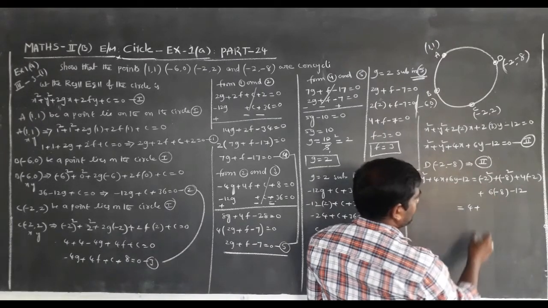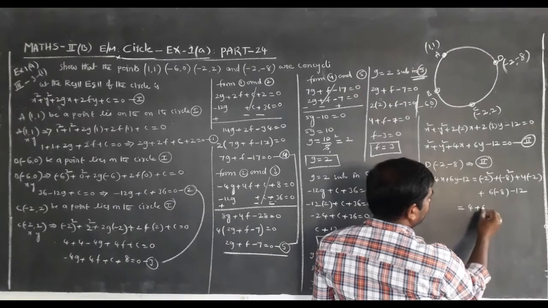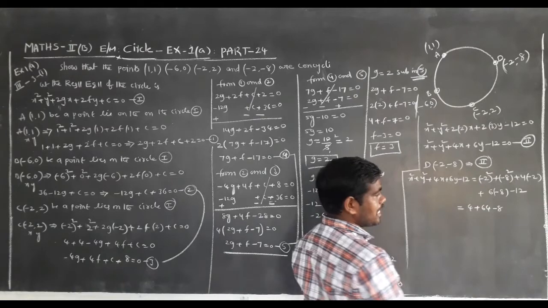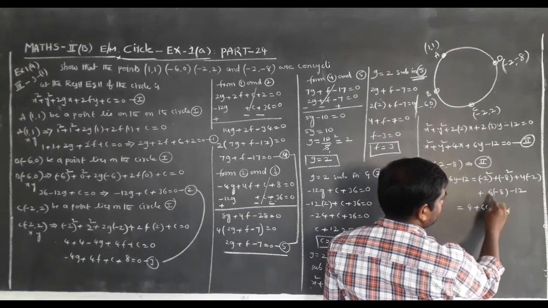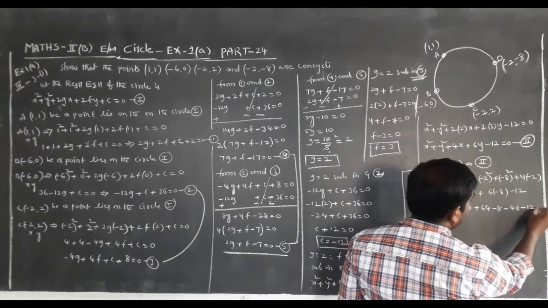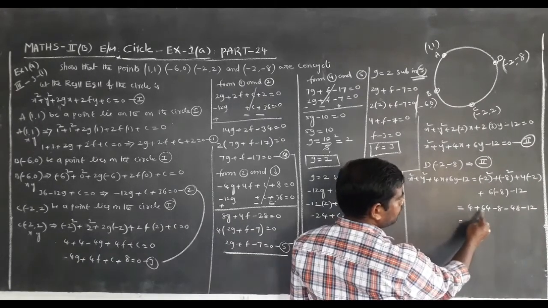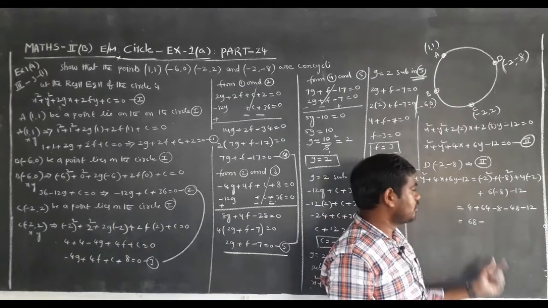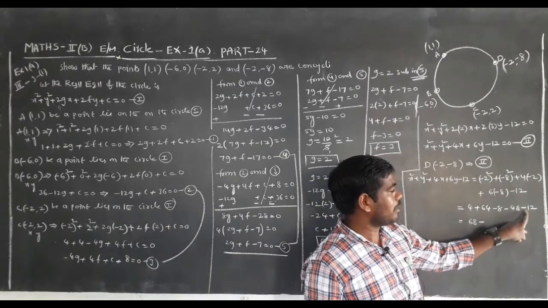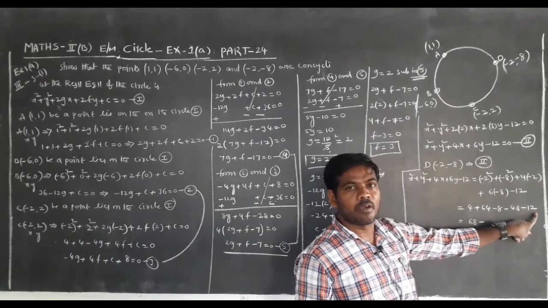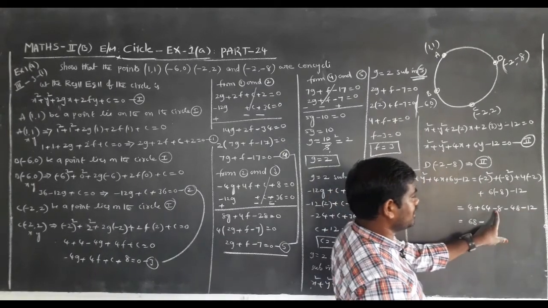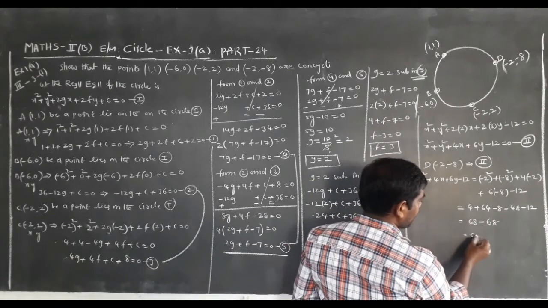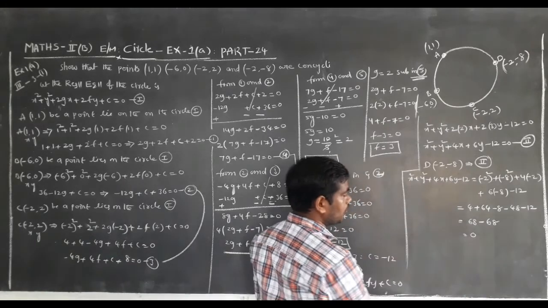Minus 2 whole square is 4, minus 8 whole square is 64, plus 4 into minus 2 is minus 8, plus 6 into minus 8 is minus 48, minus 12. 64 plus 4 is 68, minus 8 minus 48 minus 12 is minus 68. 68 minus 68 cancel, 0.